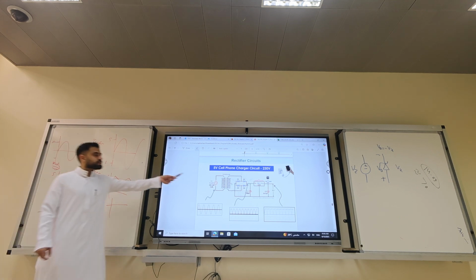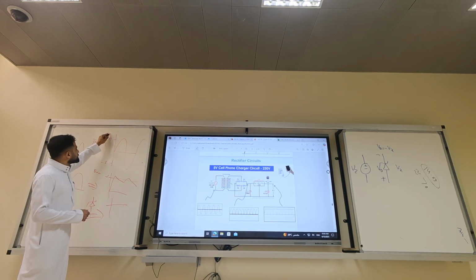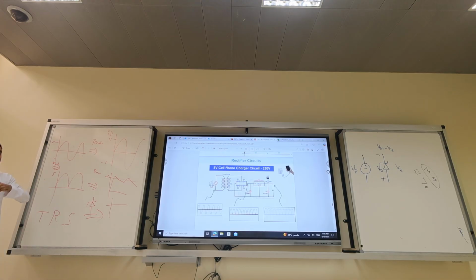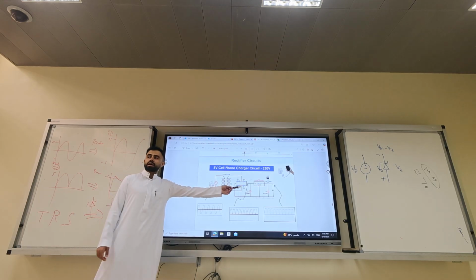If they give you a cheap transformer, maybe you will not get 5, maybe you'll get 4.7, maybe you'll get 6.3. It's not perfect. The windings are not really perfect to match the source. The source is perfect from the electricity company. So they become cheap here. Also they become cheap on the rectifier. They give you cheap diodes. Not 0.7, maybe they give you a 0.4 diode.